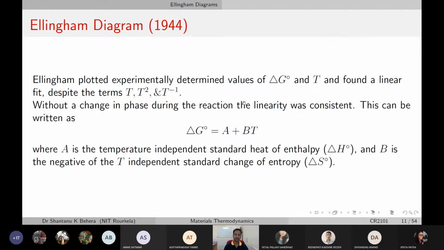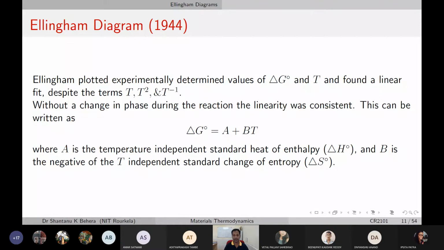You can plot it on a linear scale, despite the terms T squared and T to the minus 1, which you see in many of the standard free energy terms, because those are really low, and such that it doesn't really affect the nature of the curve or the relationship that we are getting, right?